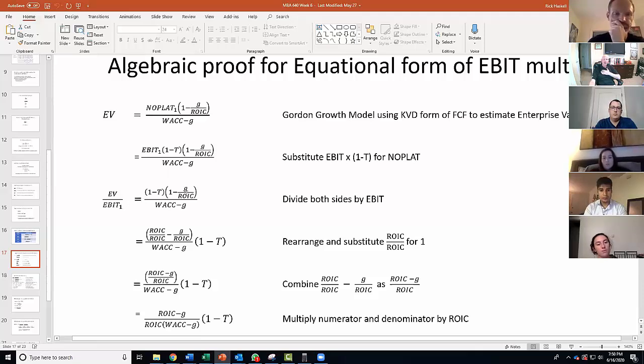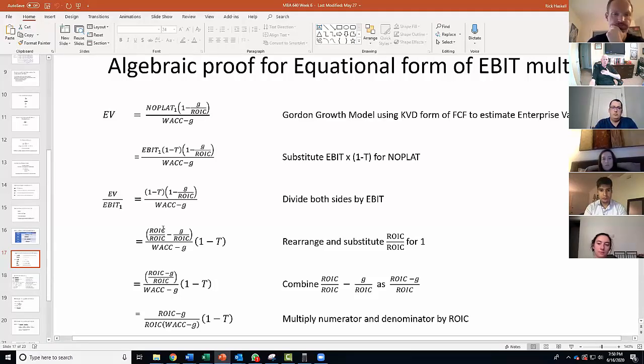My right-hand side looks different, but I'm going to morph that with some little algebraic sleight of hand until it looks like this line down here at the bottom. I'm going to go ahead and move the 1 minus T off to the right-hand side. I'm going to recognize that in 1 minus g divided by ROIC, 1 is the same thing as ROIC divided by ROIC.